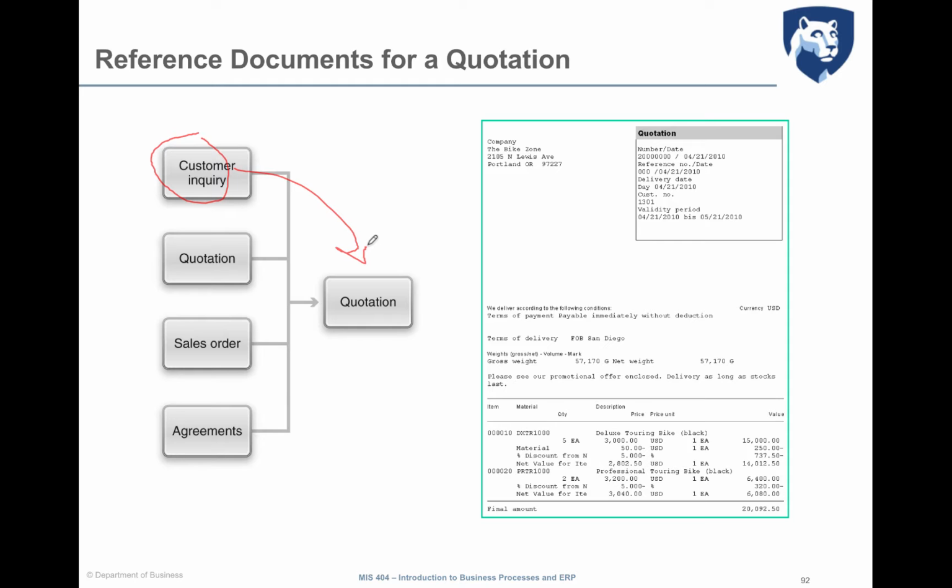From a system perspective, if there is something linked to the quotation, the system is able to collect this from documents already existing in the system. Instead, if there is no reference, when I create the quotation, I need to input manually all the data. And the quotation can be linked to a customer inquiry, to a previous quotation, to a previous sales order, or to previous customer agreements we already have in place.